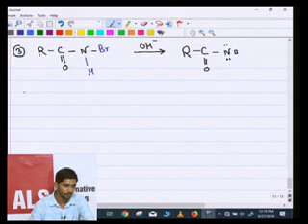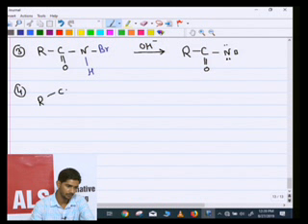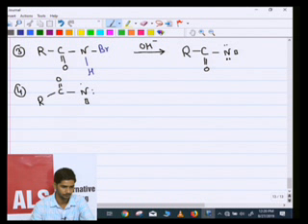As we come up with step number 3, you can easily observe that this will participate in the Hofmann rearrangement. See, this electron pair will shift over there. This R will attack this nitrogen to make a bond with it.